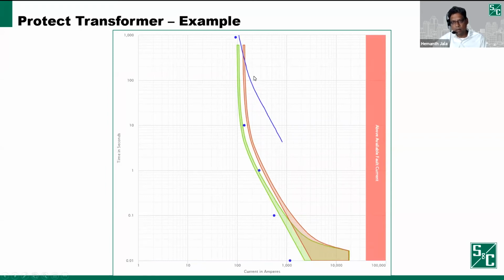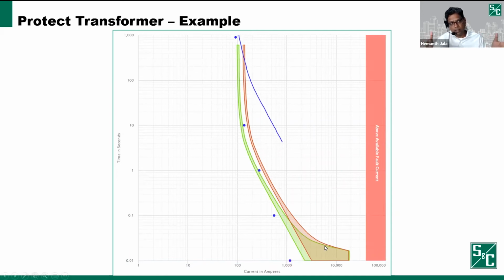Coordinate gives you the multiple inrush points as dots on the curve. Remember the 12 times full load current at 0.1 second, that is this point. And 25 times the full load current of the transformer, that's this point.